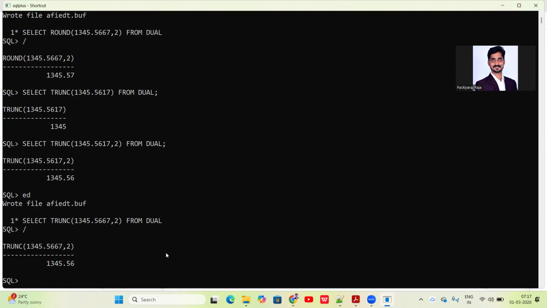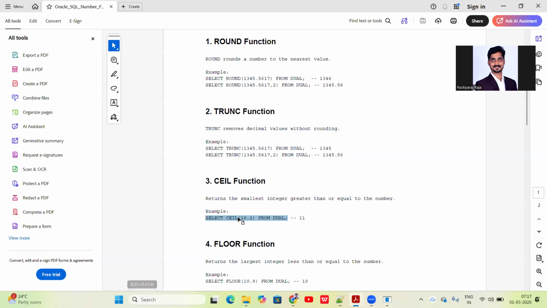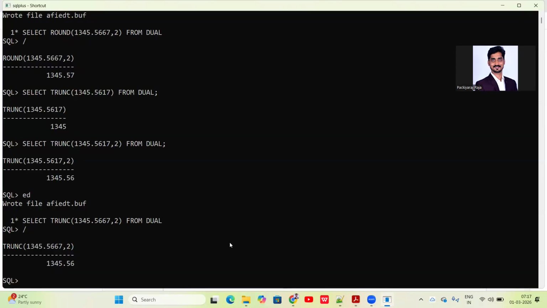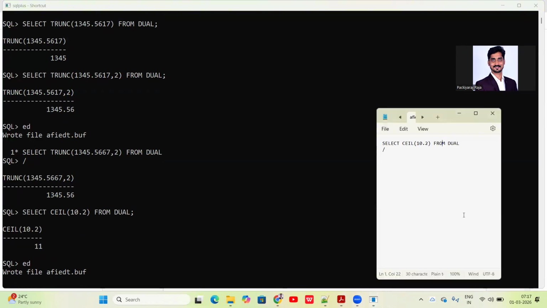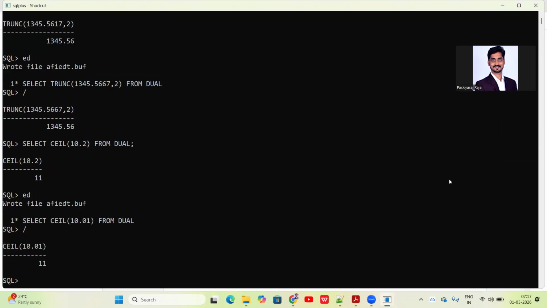See, it's going to the next integer. If you give 10.1 also, 10.01 also, it will go to the next highest integer.